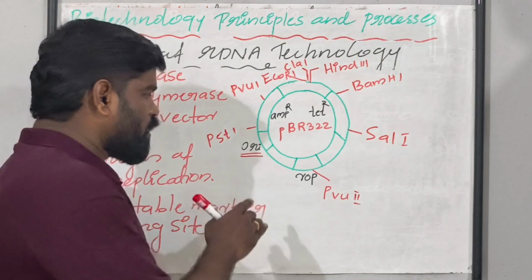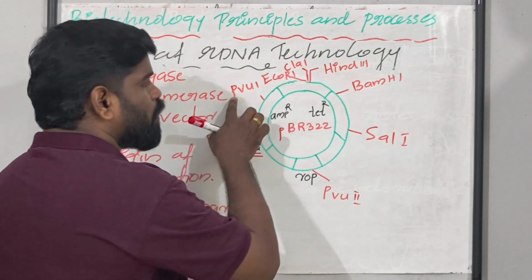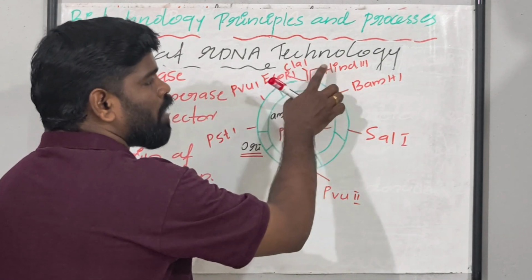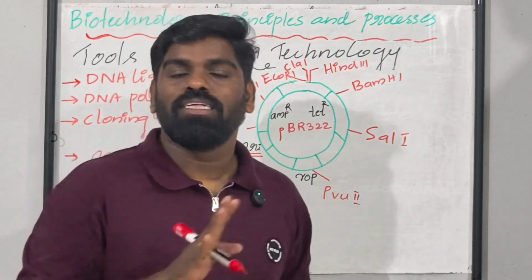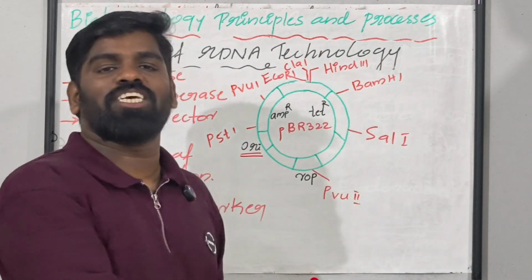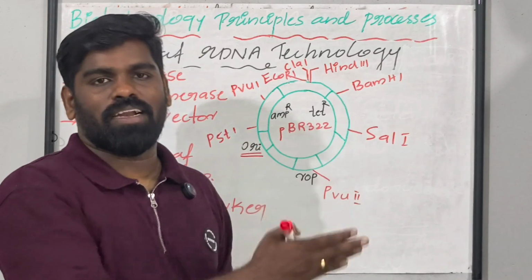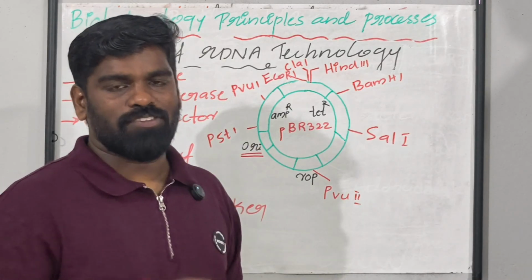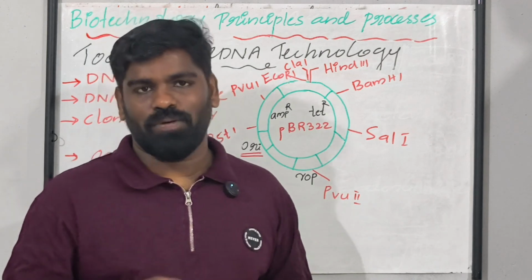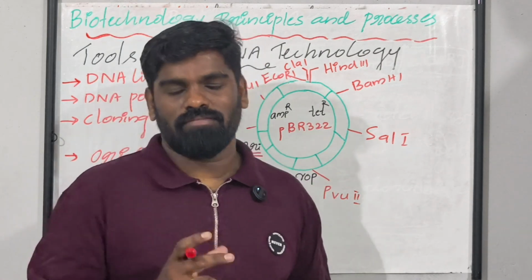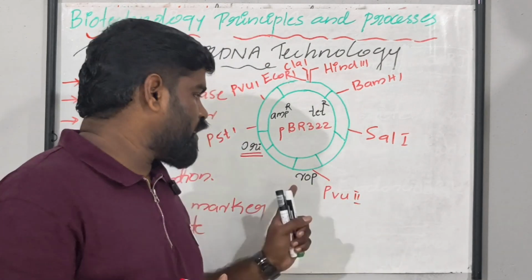Here you can see PstI, PvuI, EcoRI, ClaI, HindIII, BamHI, SalI, PvuII. These are the recognition sites. You have to keep that in mind. So a recognition site or cloning site is also required in a vector.